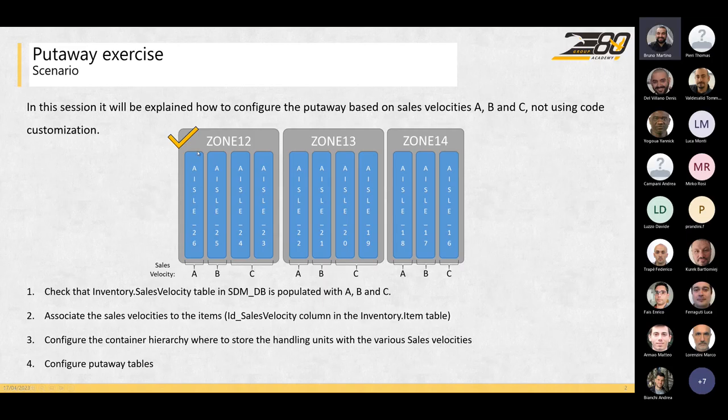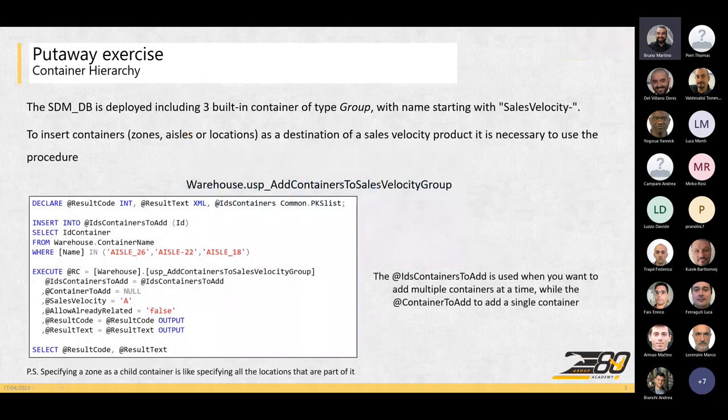We map in the put-away the zone 12, but we will add the IL 26, 22, and 18, all three of them in the sales velocity A, just to make a complicated scenario, where we have in a group entity these three aisles that belong to different zones. So what we will do is add the containers to a sales velocity group.